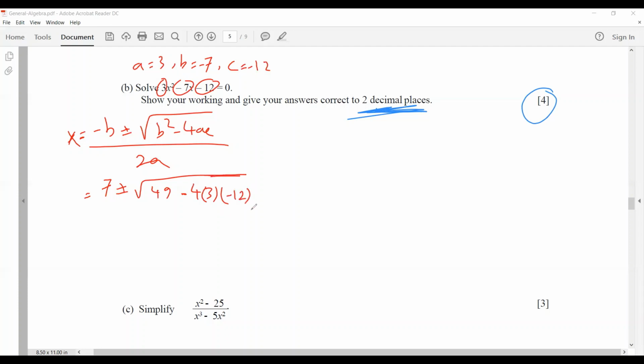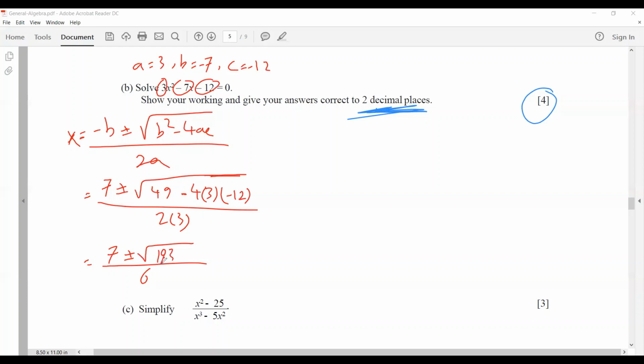Okay, put them in the bracket. We're going to take care of them in a minute. And this is 2 times 3. And lastly, we have 7 plus minus square root of 49 plus, this is 12 times 12, 144, 144 plus 49, that would be 193.